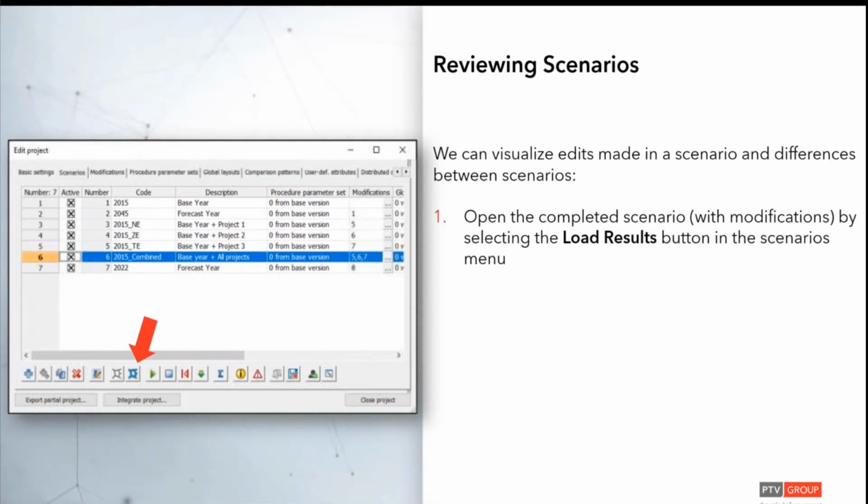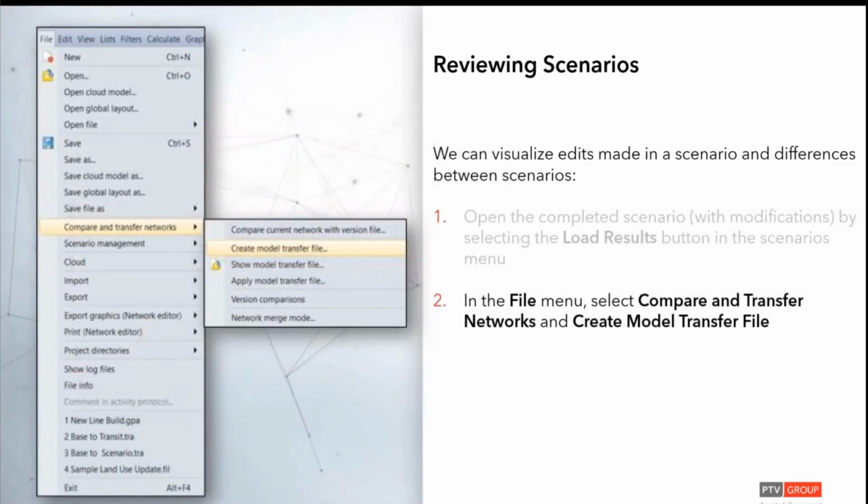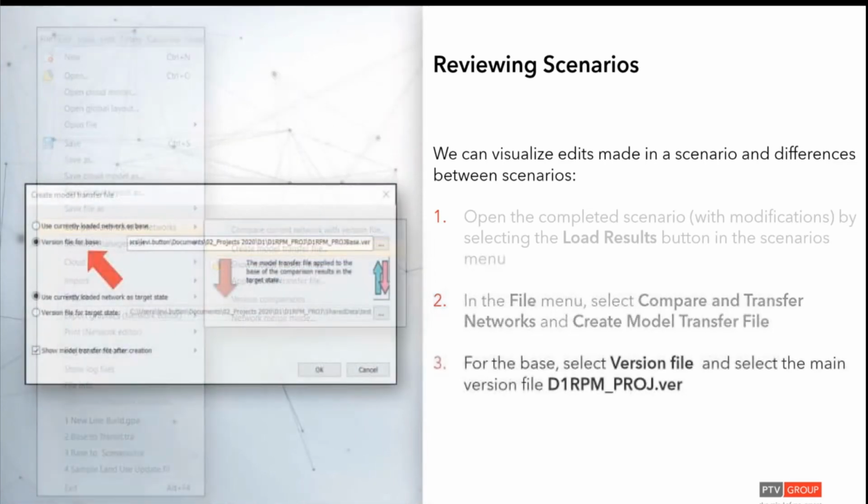The first thing we can do is take a network and load the results between the scenarios by clicking this little blue button. We can also create a model transfer file. What this will do is load the physical attributes of one scenario into the other scenario.